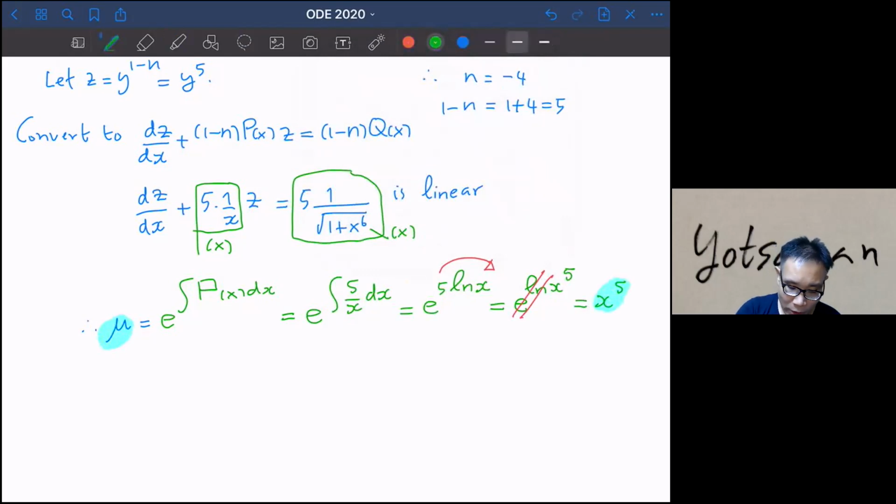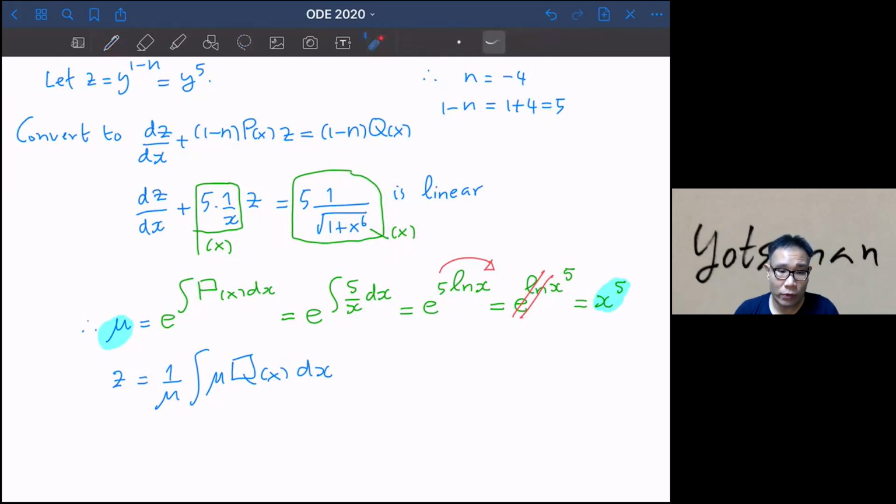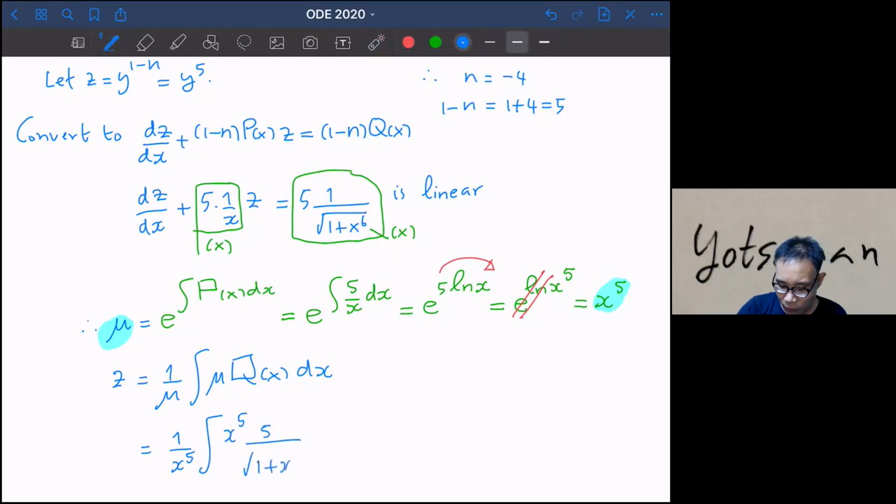And you're going to have z equal to 1 over mu times the integral of mu q(x) dx. Don't forget to use the q(x) that you have down here, not up there. So you get 1 over x to the fifth times the integral of x to the fifth times 5 over the square root of 1 plus x to the sixth dx.